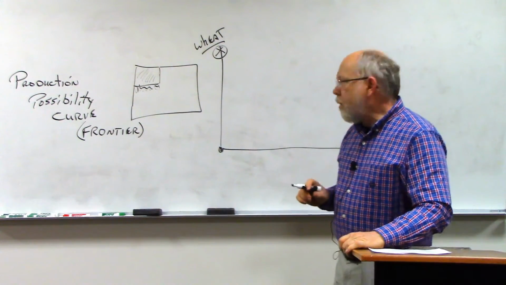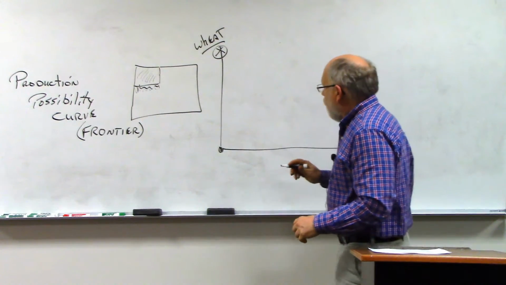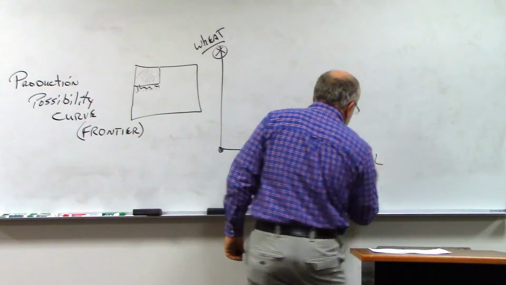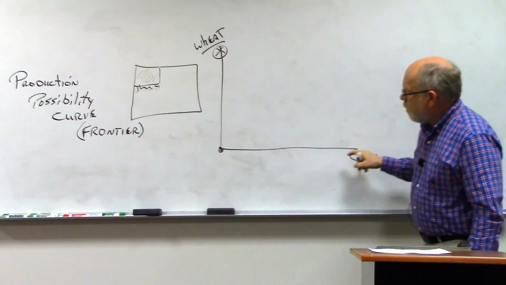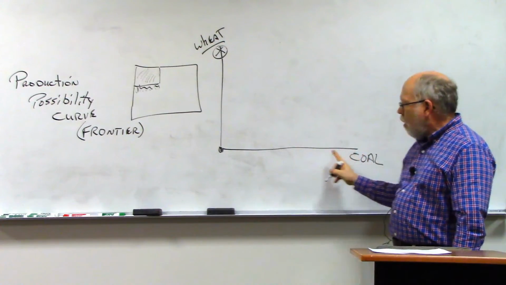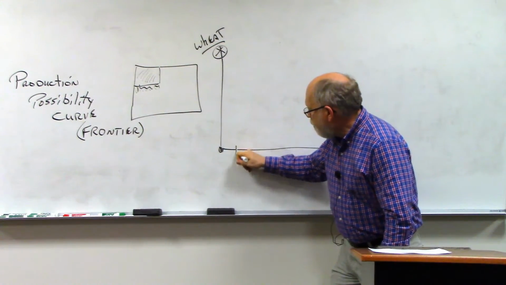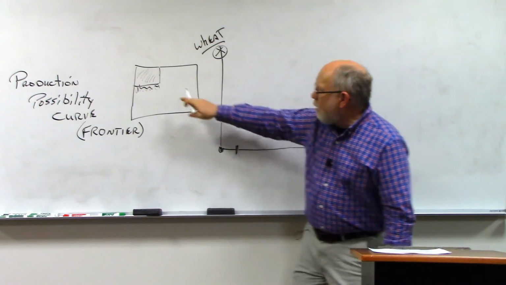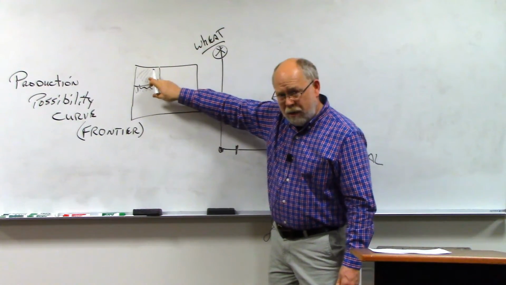Now notice if we do that, we're going to be producing down here on this axis some coal. So rather than producing all wheat and no coal, we're going to produce some coal. But if we're going to produce some coal, then we can't be growing wheat when there's no topsoil over here.